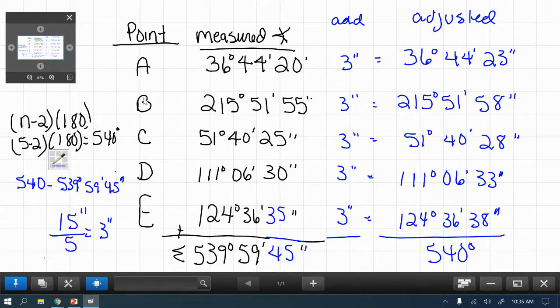All right, so we've got our adjusted angles. Now I'm going to draw it up and write the angles in, and I'm going to give you one bearing where you can make it an azimuth, and we're going to go around.